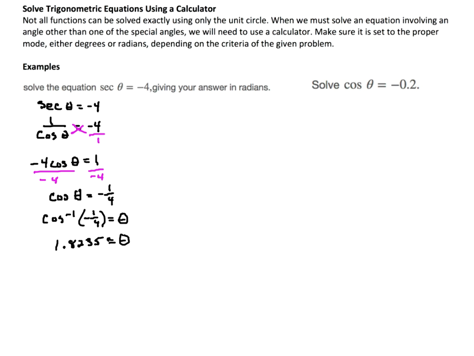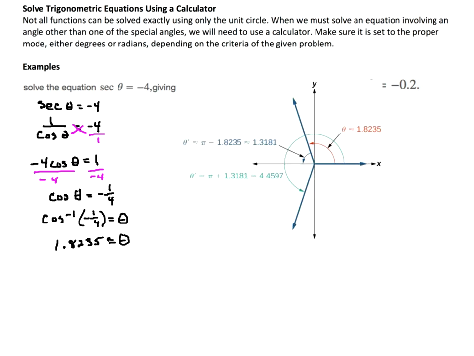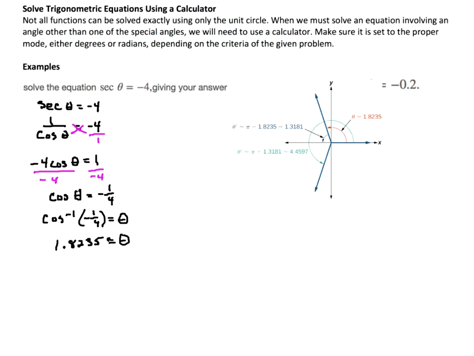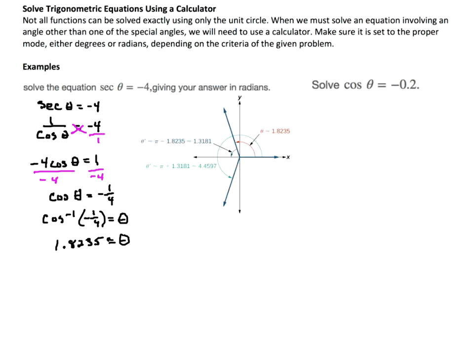So this was a diagram that was listed in the solutions, the explanation of the solution of this particular problem. Okay, so you can see we have the 1.8235. That's that orange angle that has its initial side on the x-axis, and its terminal side is in quadrant 2 there.